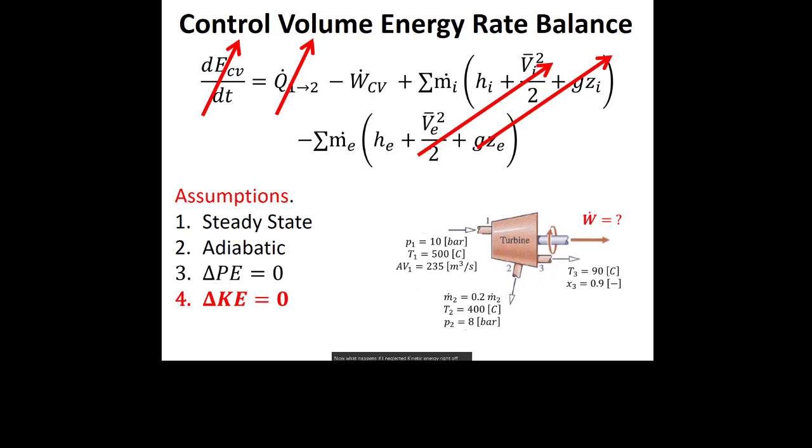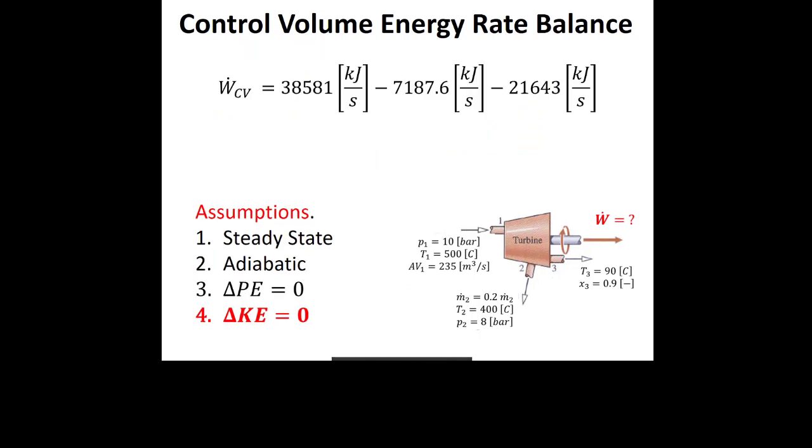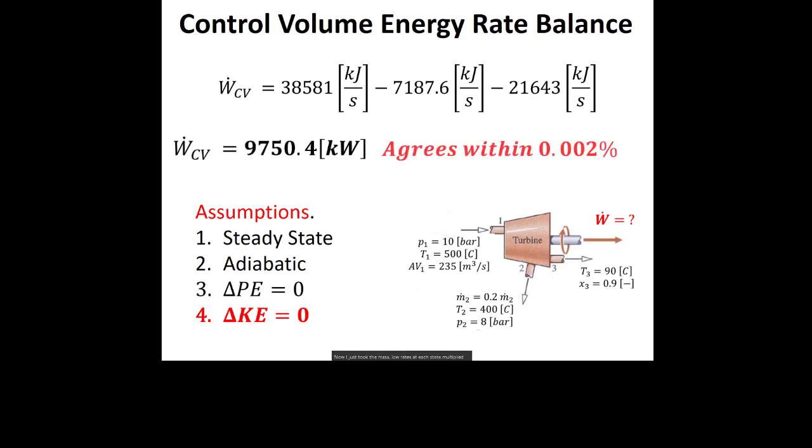I think you know what happens, because the kinetic energy wasn't important. Now I just took the mass flow rates at each state multiplied by the specific enthalpies, and I get the same answer. Unsurprisingly, when in each term the kinetic energy wasn't important, in the sum of each term, kinetic energy is not important.